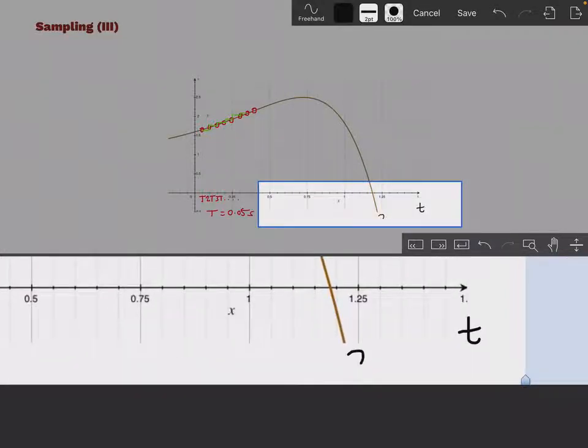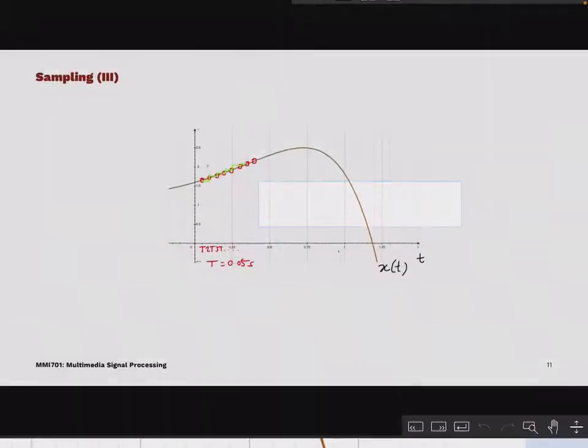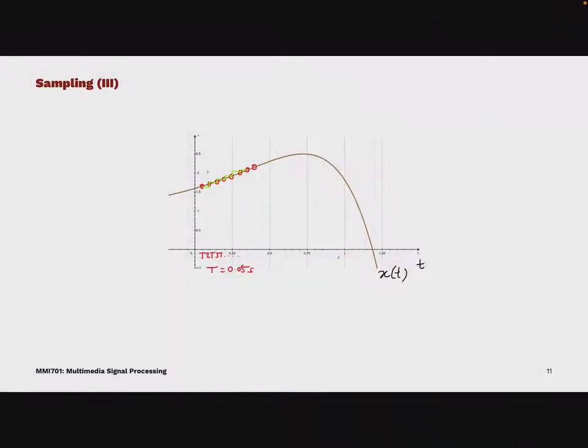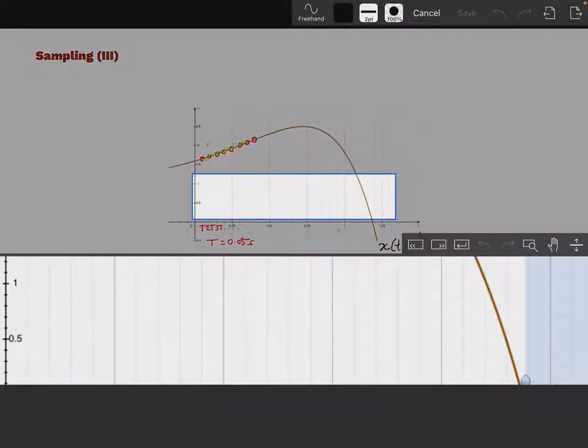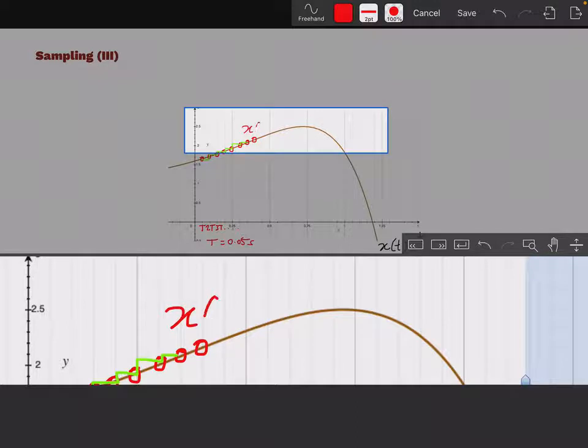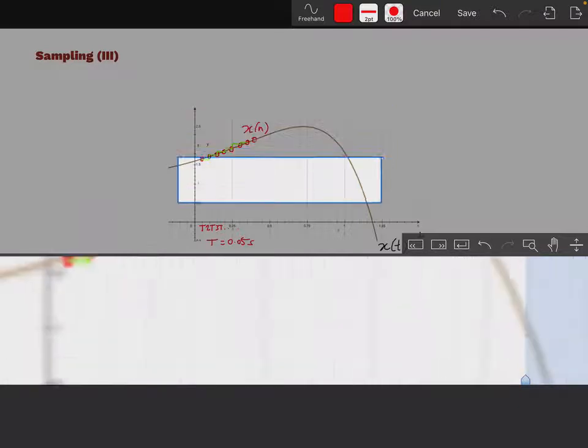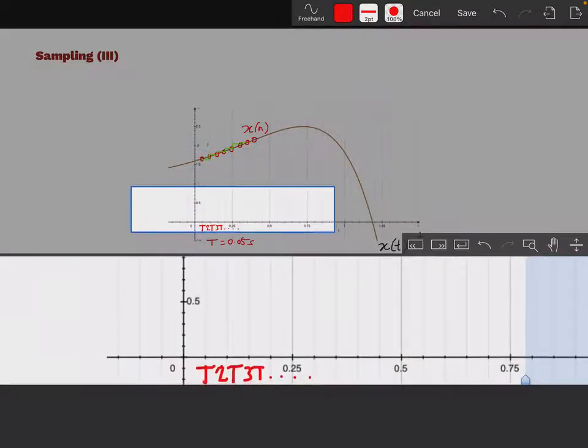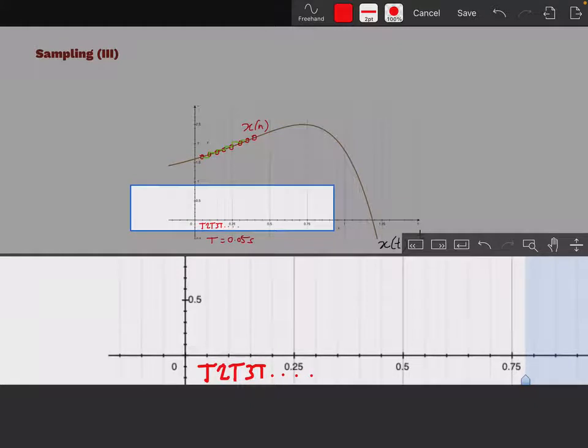This signal is x of t, and the red signal is x of n, our sample signal, and these points are the points at which we are sampling our signal, T, 2T, 3T, etc.